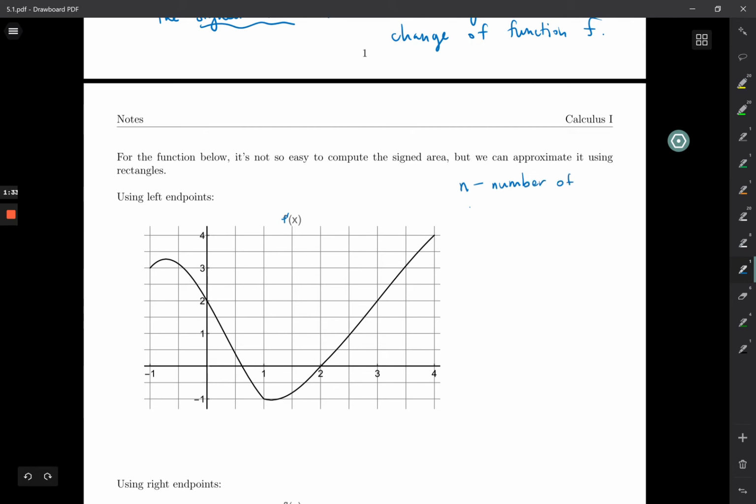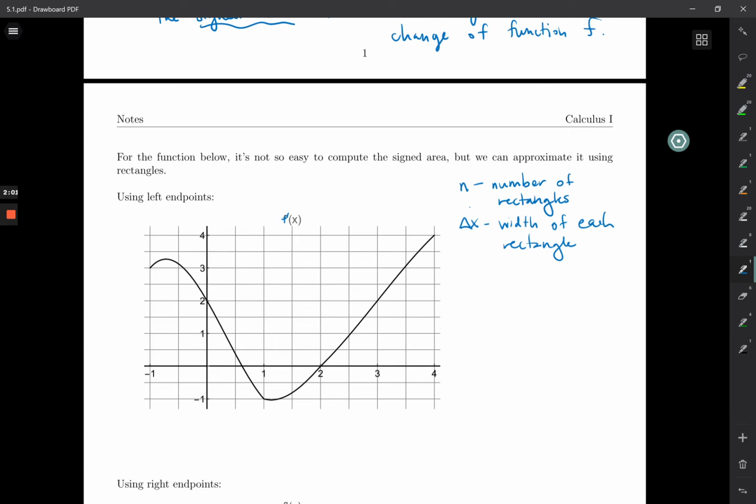Number of rectangles. And then the width of each rectangle we will denote delta x. So this is the width of each rectangle. Maybe I'll write that up. Width of each rectangle, right?